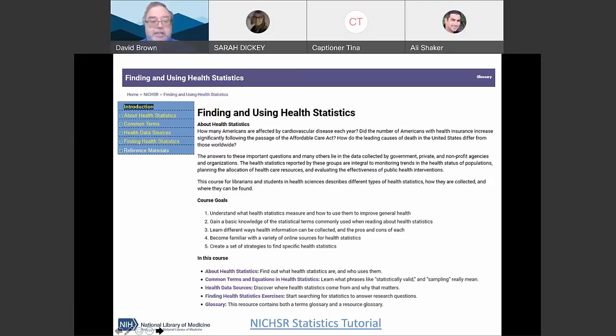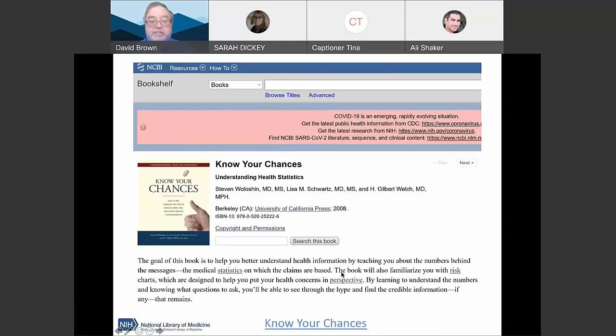It goes into looking at these things, lets you test your knowledge as well as you go forward. The book, Know Your Chances, is here as well. Again, available from NCBI bookshelf. There might be others as well, but this is the one that's probably the best and going to be the most current that's available out there as you go forward.